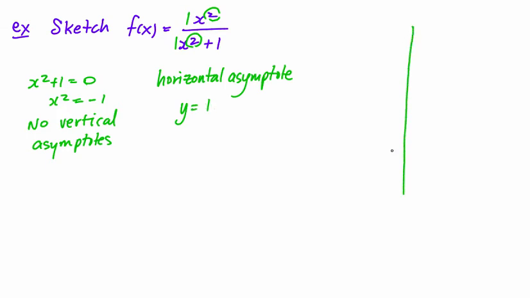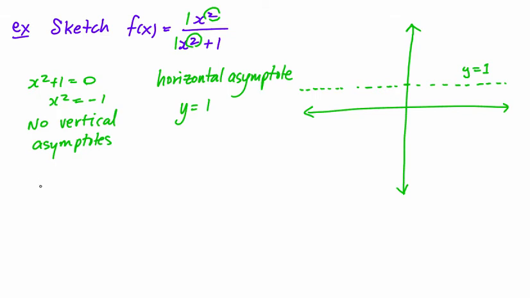So if I sketch, and if you have graph paper it's helpful, but there's going to be positive 1. I know the end behavior should move towards this line, y equals 1.